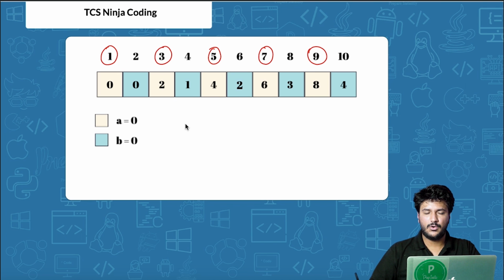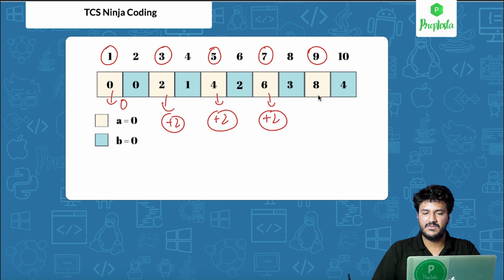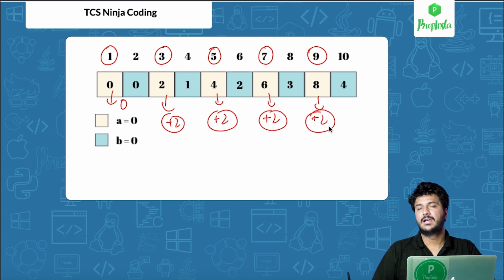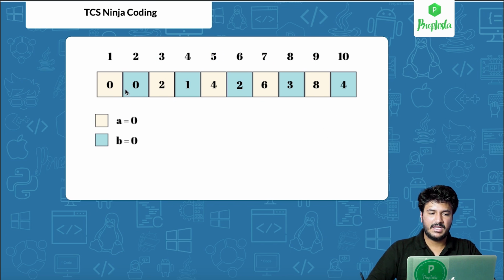So at all of these odd positions, this is starting with number 0, and at exactly the next position we are doing +2, and then we are doing +2 again from the previous value, and then +2 again from the previous value, and the same thing is happening all over, right? So this is what is happening for the cream areas, right?